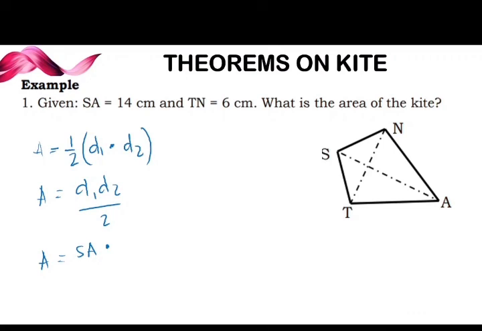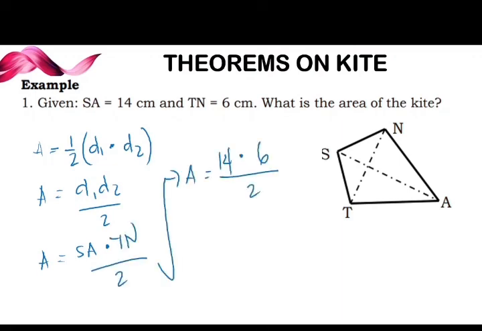So, let's substitute the measures. A is equals to, the measure of SA is 14, and then times the measure of TN is 6, divided by 2. So, 14 times 6 is 84. So, divided by 2. 84 divided by 2 is 42.